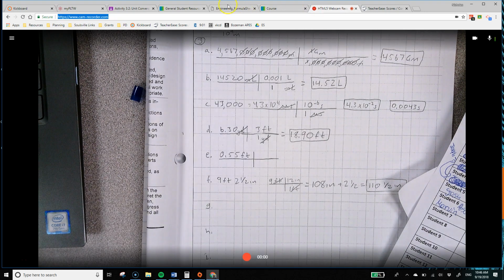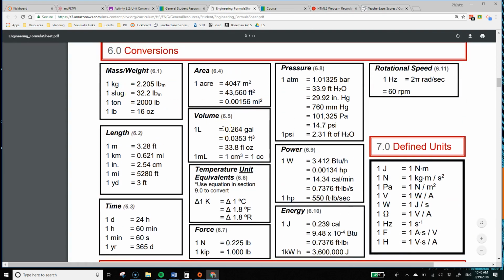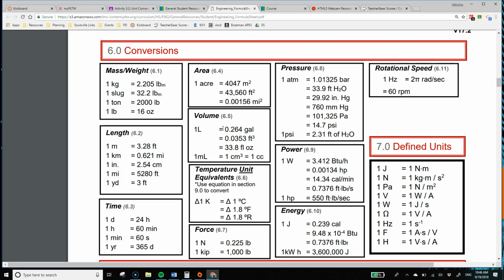So I need to go back into my formula sheet, look at the conversion factors. And can somebody tell me, either looking at a conversion factor or from memory, what is the conversion from feet to inches? Actually, it looks like it's not even on here because I just assume you know it.